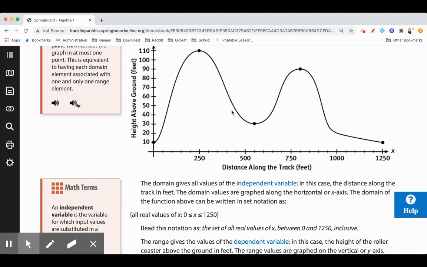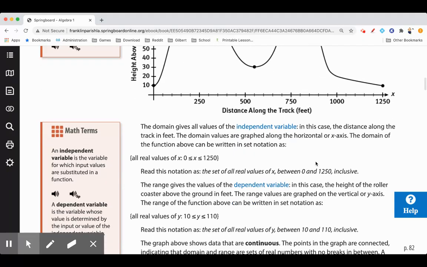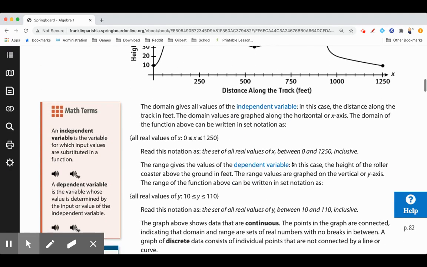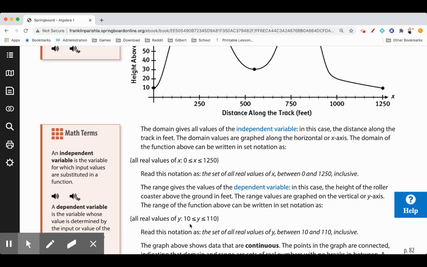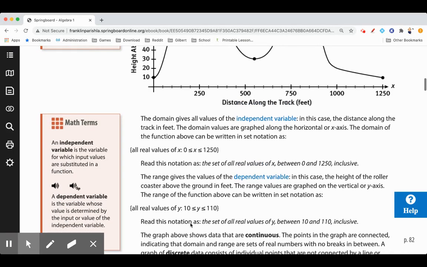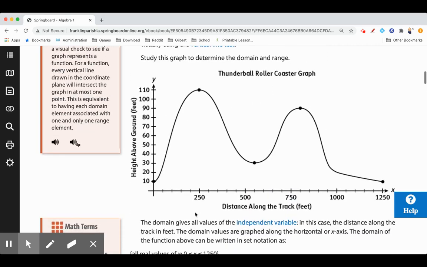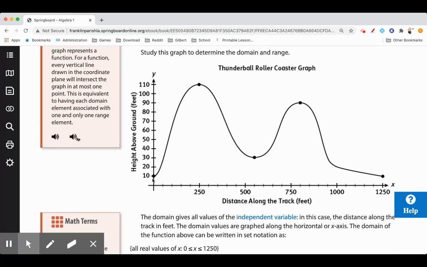It goes up and down as you ride along the track. And so the range is from 10, that's where it starts and ends. That's the lowest point, 10. And it goes all the way up to 110. That's the highest point. That's our range from 10 to 110.